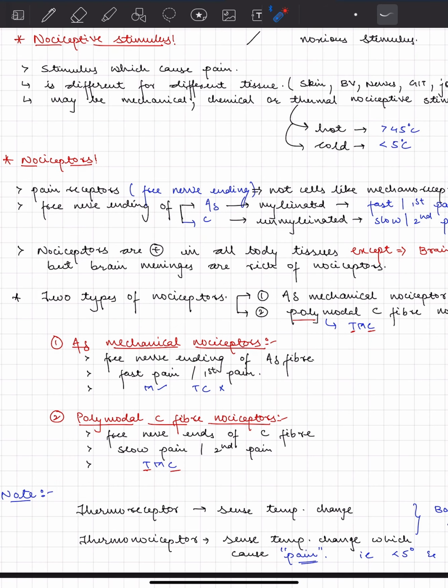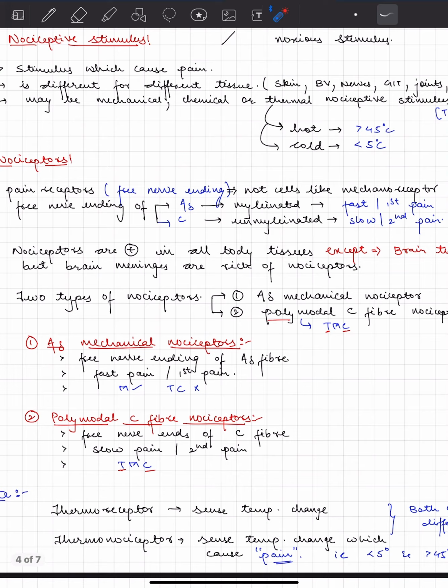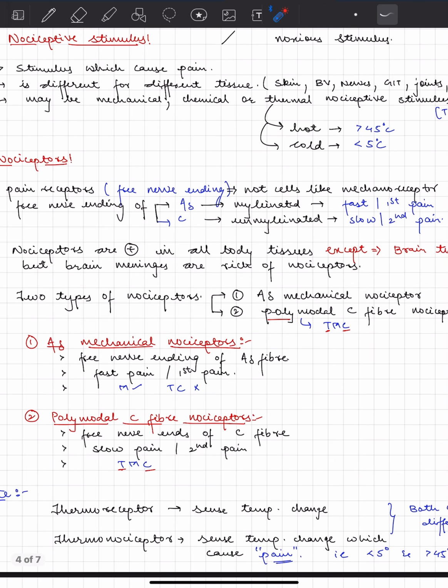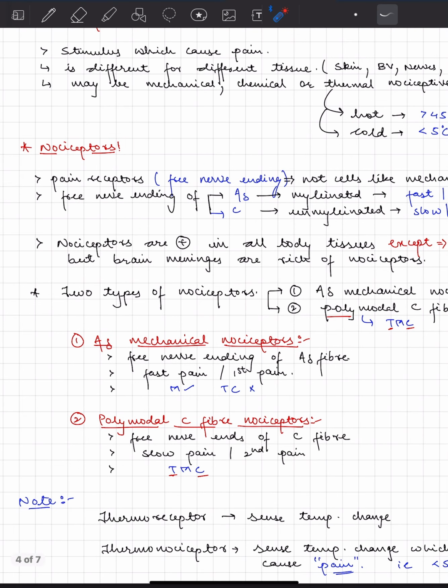Nociceptors are pain receptors, and pain receptors are not like cells, they are just free nerve endings. Now you know that mechanoreceptors are like cells, like Pacinian corpuscle, Ruffini's ending, Merkel cell. They are cells, but pain receptors are just free nerve endings, free nerve endings of the A delta fiber and C fiber.